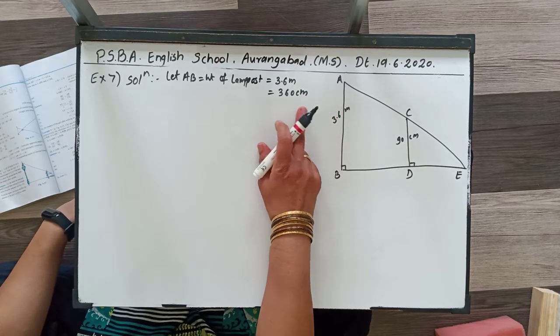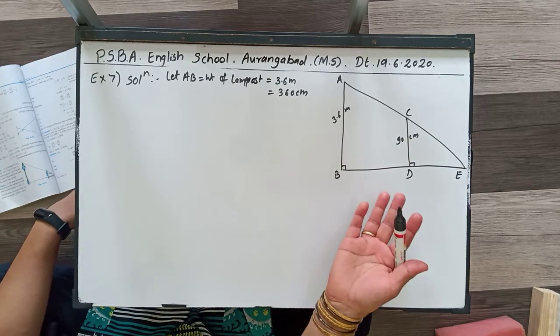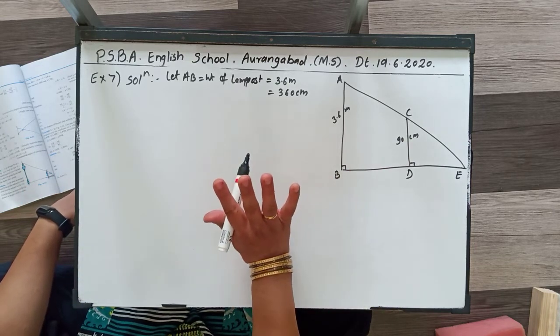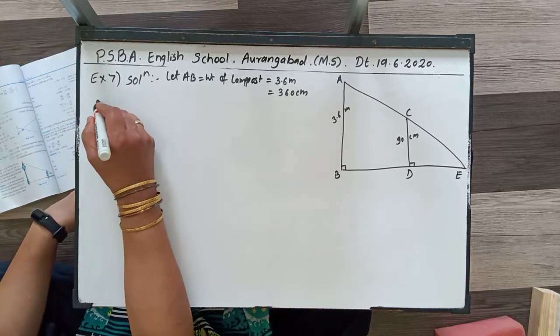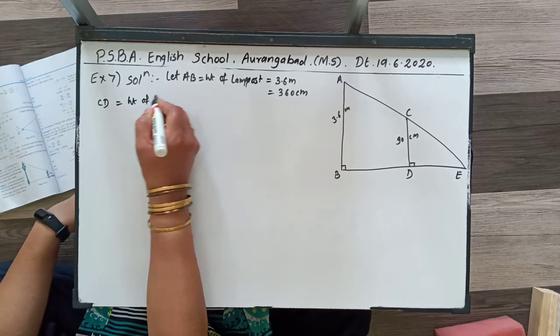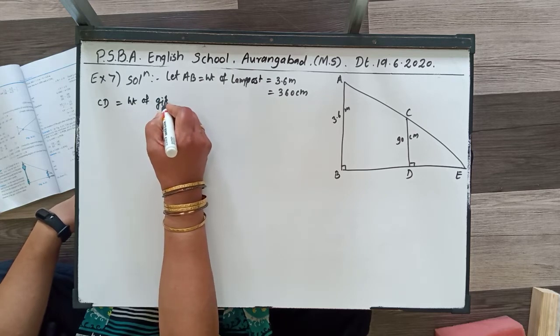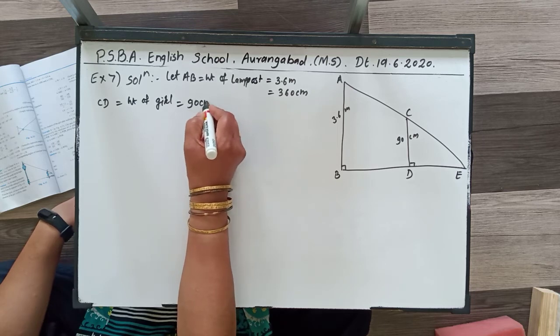Why are we converting this into centimeters? Because the height of the girl is in centimeters. Otherwise you can convert 90 centimeter into meter. That also is correct. Then CD is equal to the height of the girl is equal to 90 centimeter.